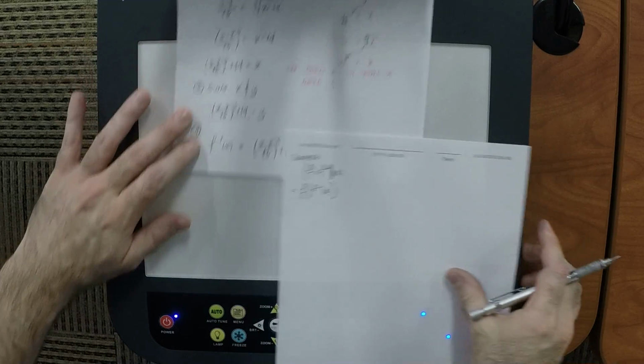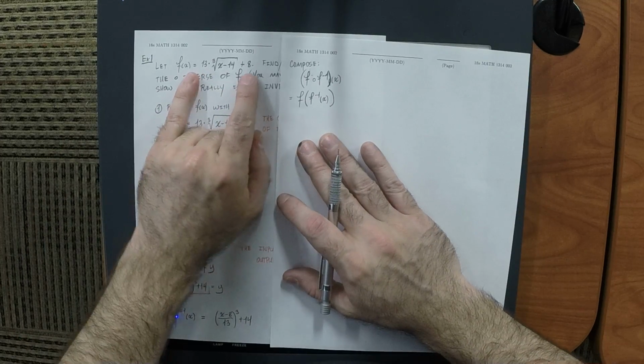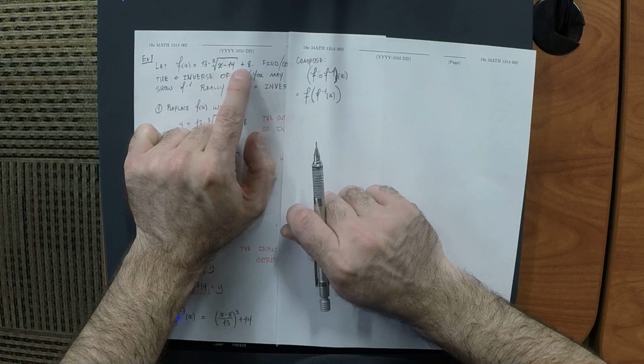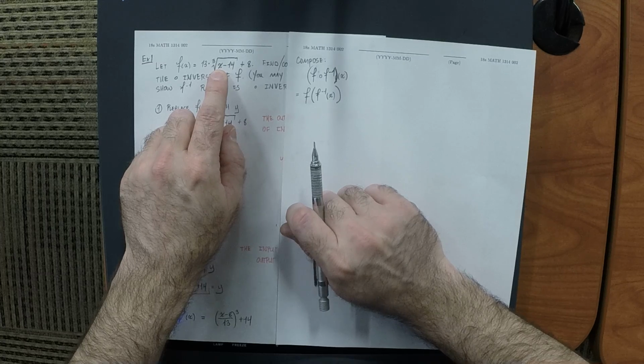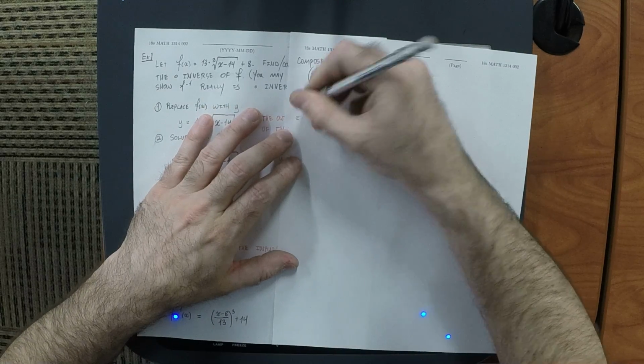Okay, so what I'm going to do is look at f's formula. There's f's formula. I'm going to copy down exactly that formula, except everywhere that I see an x, I'm going to write a slot, an empty place where I can substitute something in.